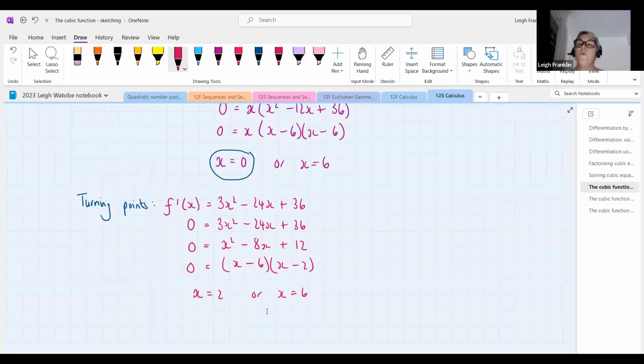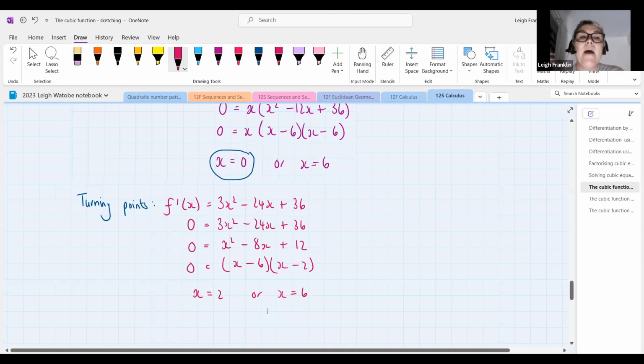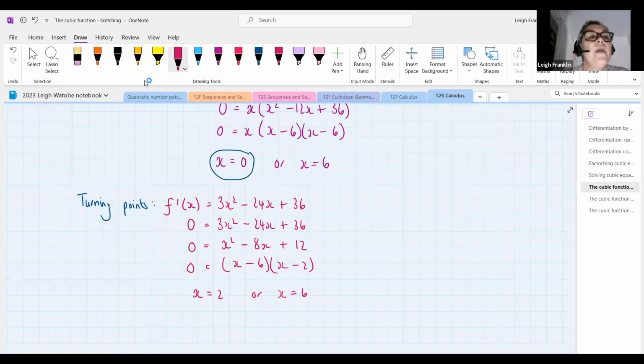We also need the y-coordinates at our turning points. In order to get the y-coordinates at the turning points, we sub the x values back into the original equation, because the points lie on the original graph.